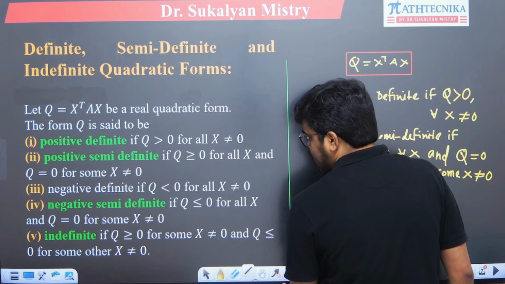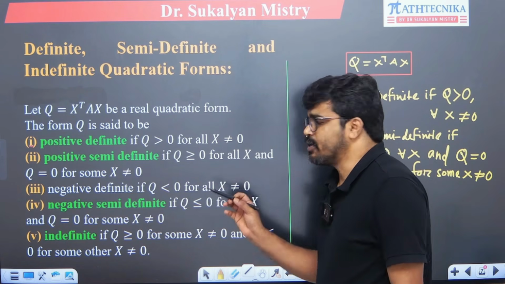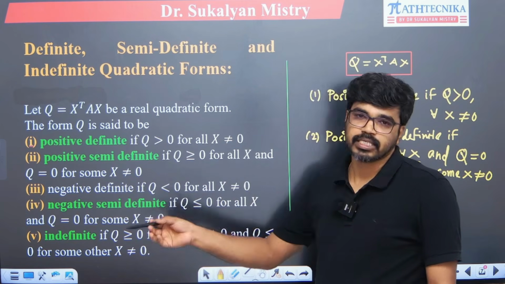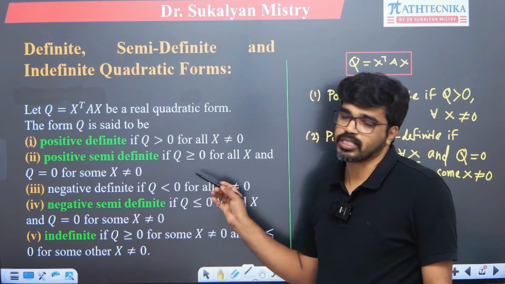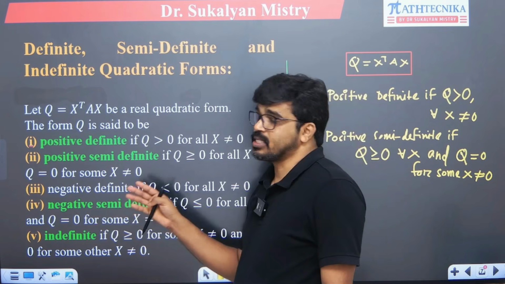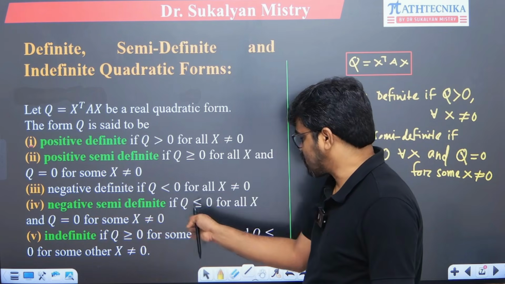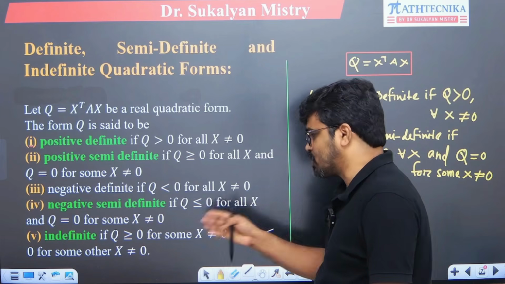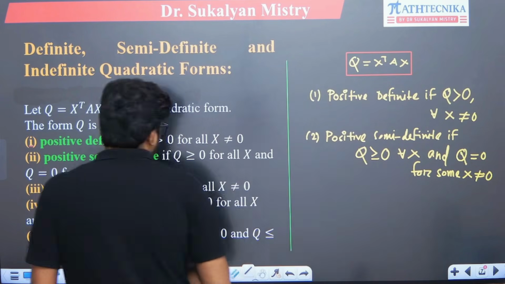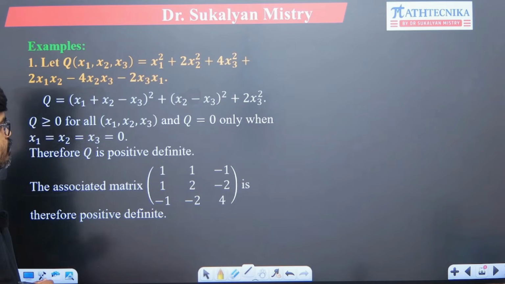Negative semi-definite if Q is less than or equal to 0 for all x and Q is 0 for some x not equal to 0. And indefinite means Q is greater than or equal to 0 for some x not equal to 0 and Q is less than or equal to 0 for some other x not equal to 0. So let us consider an example to clear this concept.